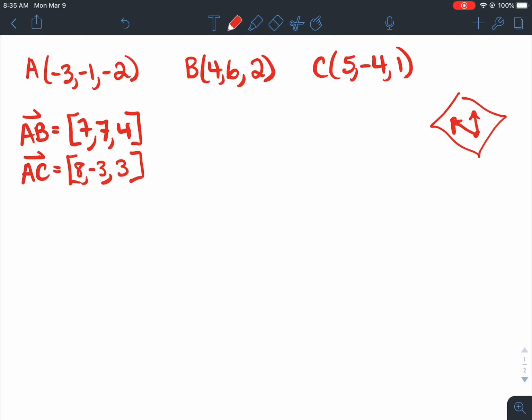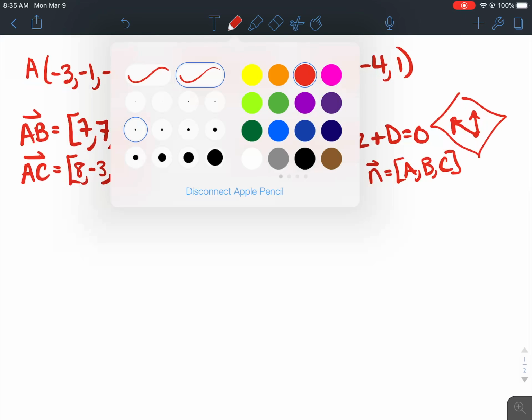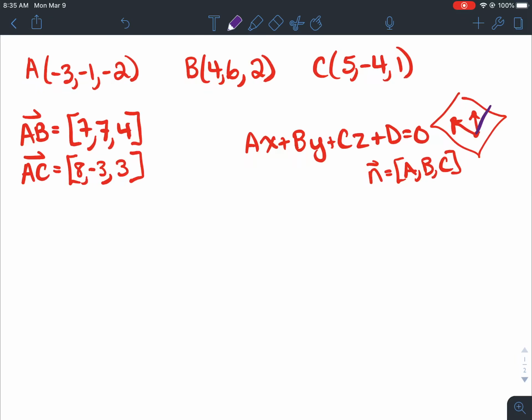Now, remember we just talked about how in the scalar equation of a plane, ax plus by plus cz plus d equals 0, we know that the normal vector is the coefficients a, b, and c. So what we need is a perpendicular vector to this plane, and we know that that will also be perpendicular to AB and AC vector. Basically, if you want to find a vector that's perpendicular to two other vectors, you can use the cross product.